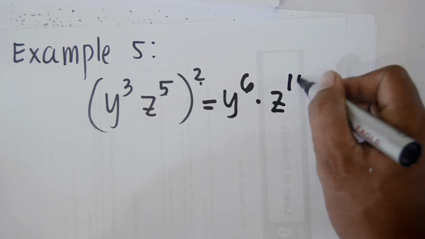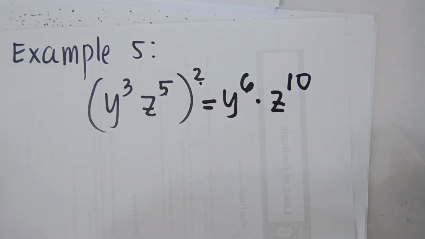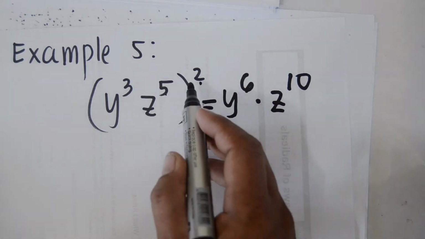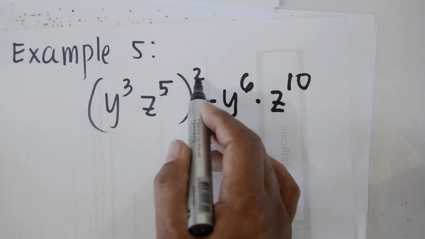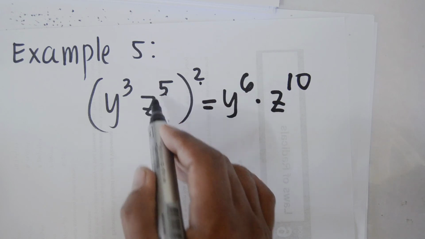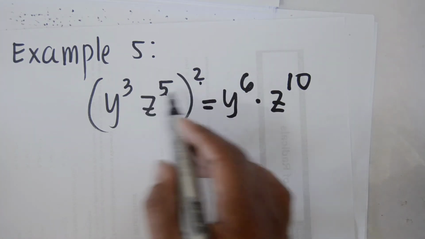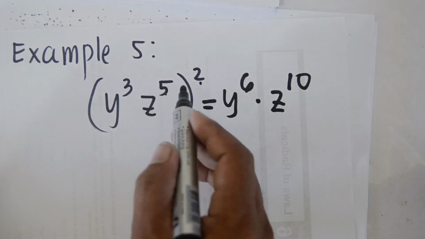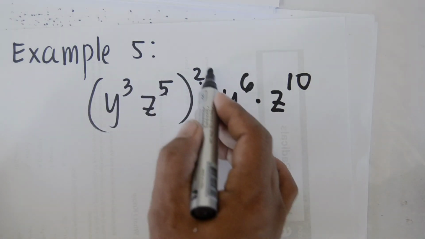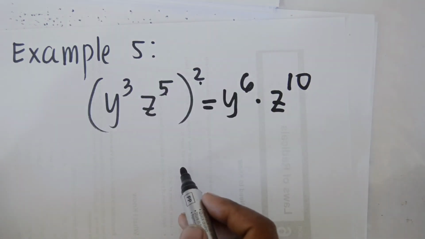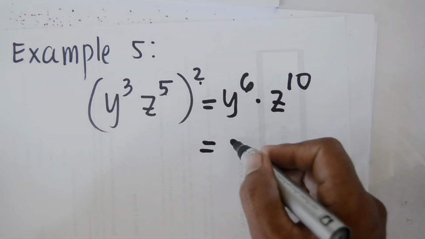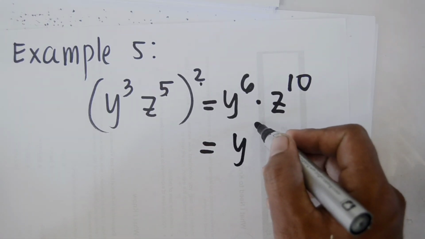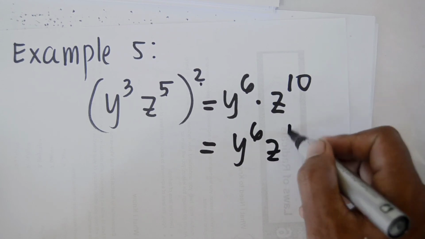The result is 10. Okay, so do not forget multiplication is the process when we multiply exponent to exponent. 2 times 3 is 6, 2 times 5 is 10. So the process here is multiplication in this kind of expression. So we have, yes, this is our answer. Y to the power of 6, z to the power of 10.